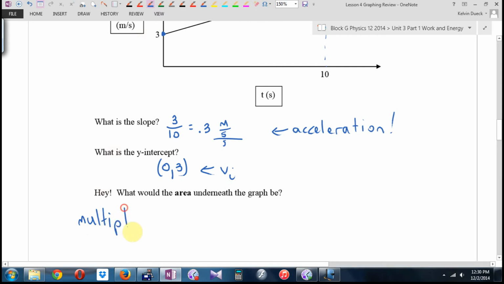I'm going to multiply the y times the x. That looks like y times x. I'll use the dot for times. Either I'll multiply the variables or the units. What did you say the units were on the y-axis?